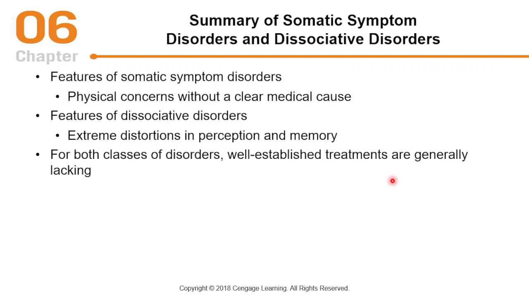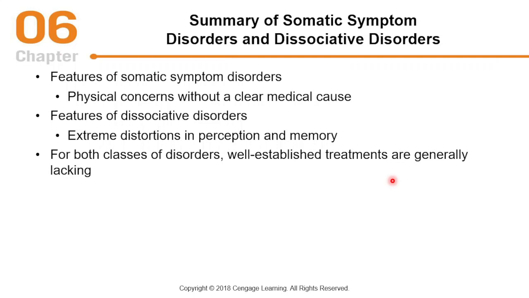Okay. Now, let's summarize all of this. I'm sorry I went over time, but we have to finish this. So, for the somatic symptom disorders and dissociative disorders, the features of somatic symptom disorder are again about physical concerns, but without any clear medical cause.